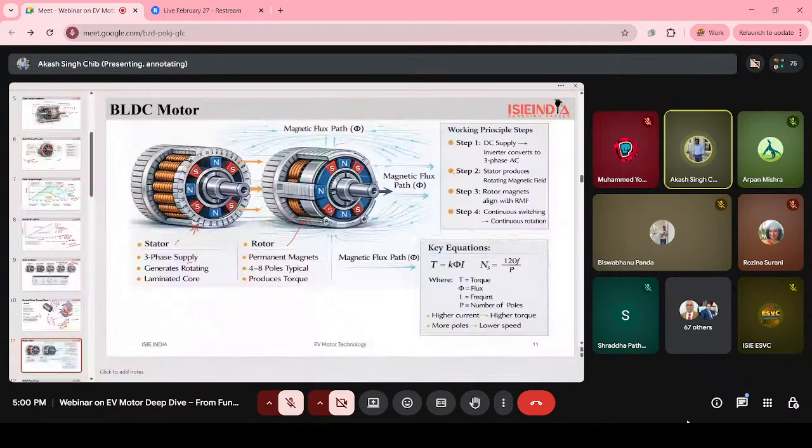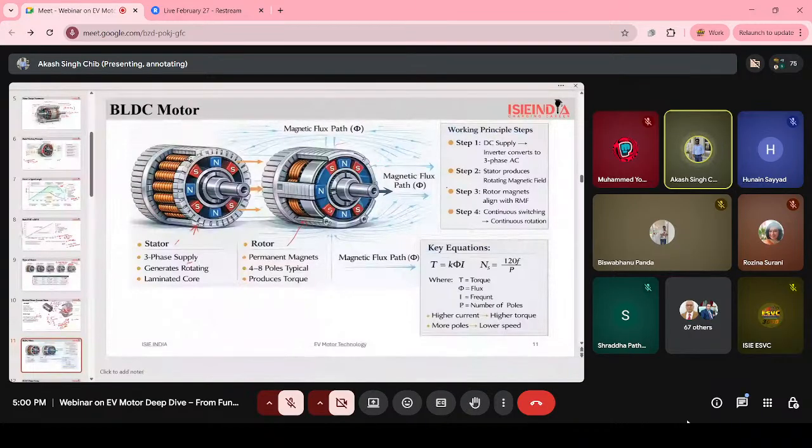How does the BLDC motor work, basically? We are getting a direct current supply from the battery, and the inverter converts it into three-phase alternating current.